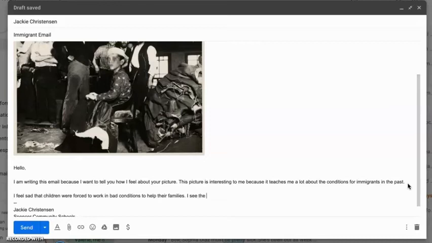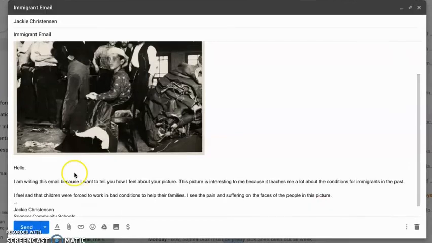I see the pain and suffering on the faces of the people in this picture. Okay, so I have my body paragraph where I say how I feel, so how this picture makes me feel.